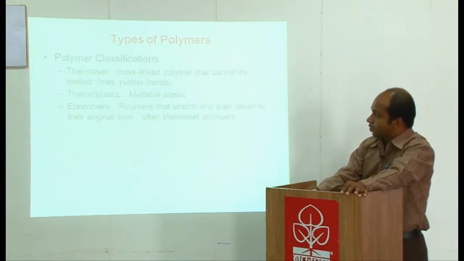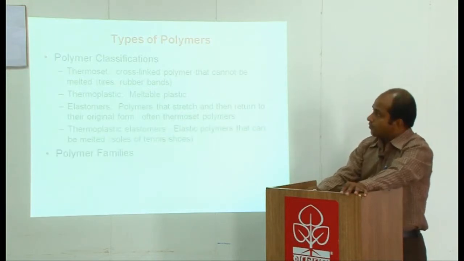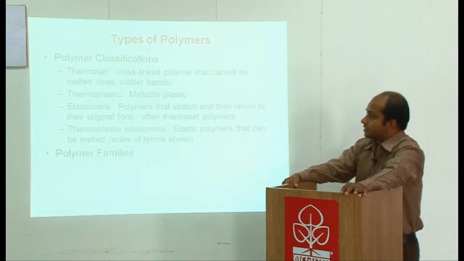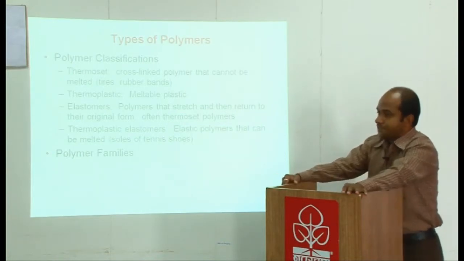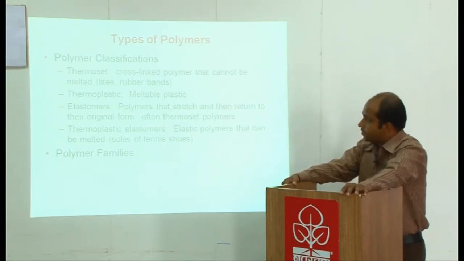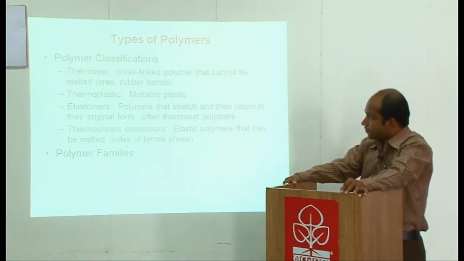So let us discuss the broad classification of polymers. Polymers are classified as thermoset, thermoplastics, elastomers, thermoplastic elastomers. Broadly, there can be two general classification terms, that is thermoset and thermoplastic.